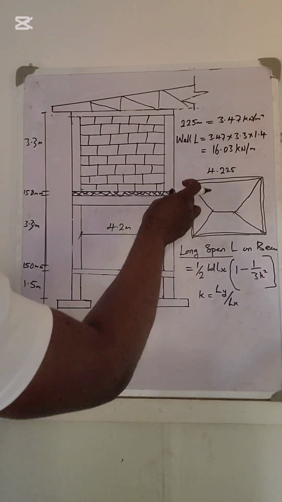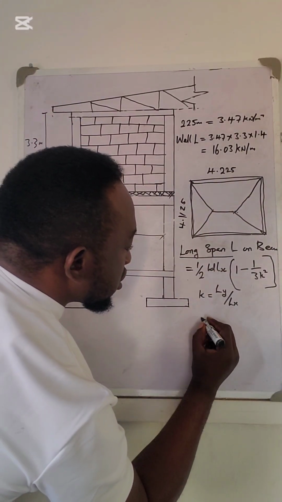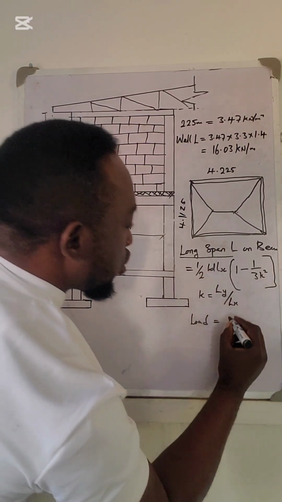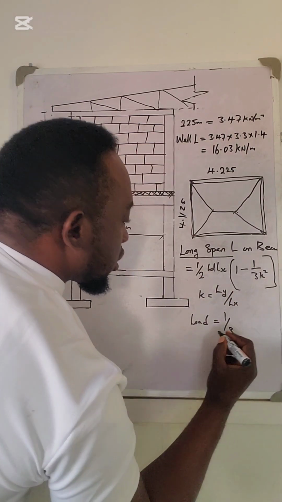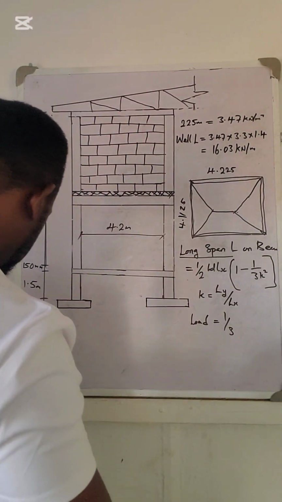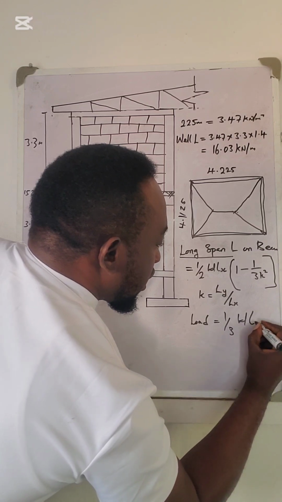Now for the shorter span, the load will now be 1/3 WLX.